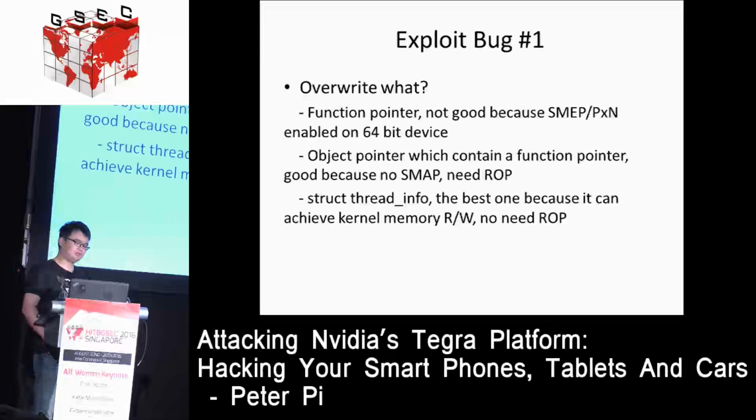The second choice is to overwrite an object pointer. This object contains a function pointer. This choice is good because SMAP is not enabled even on 64-bit Nexus devices.